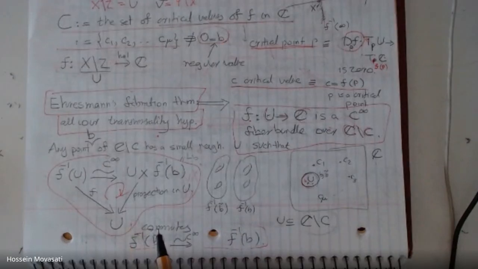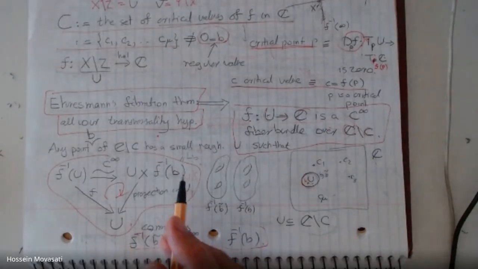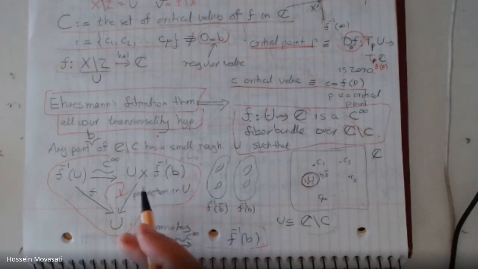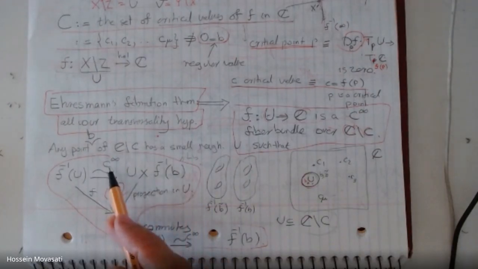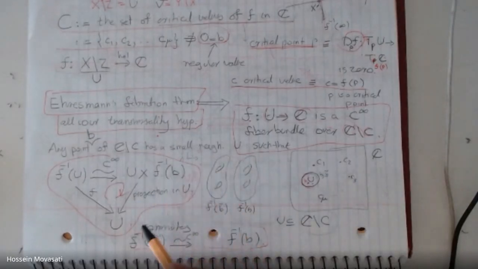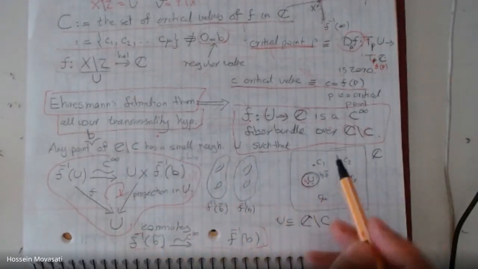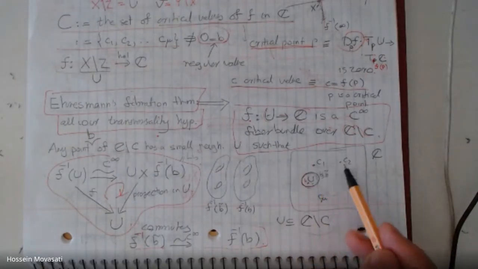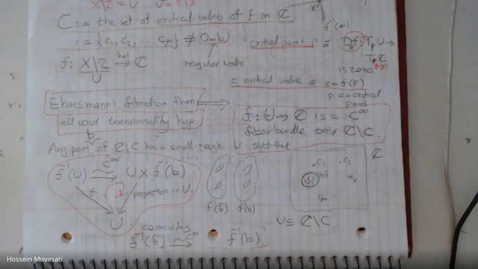So in some sense, this theorem says that in the category of C infinity manifolds, if we consider our algebraic varieties, complex manifolds in this category, then all the fibers are the same. They are isomorphic. And the only atypical fibers might be the fibers over C1, C2, up to C_mu.